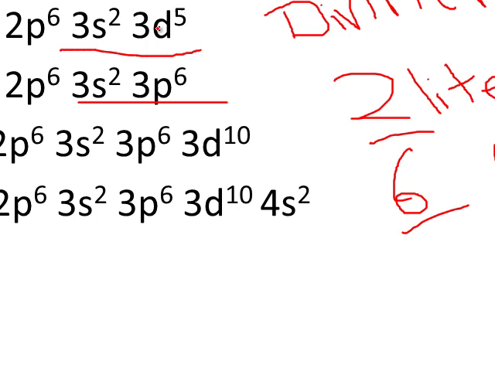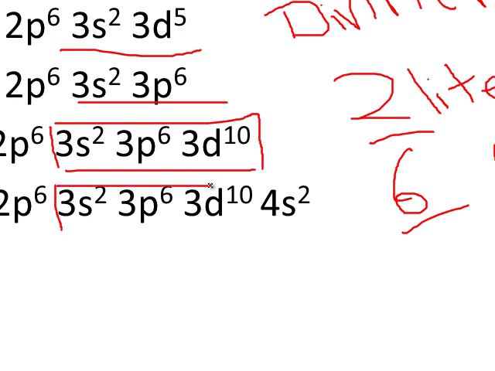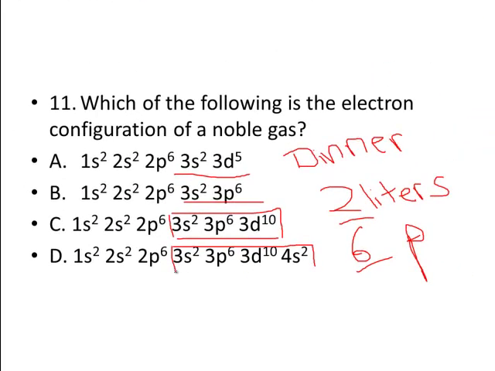This doesn't have it, it has a d. That's not what you want. You have 3, that looks pretty good, right? You've got the 3s, 3d, that's filled, right? And then you have the 4s2. So obviously this is wrong.